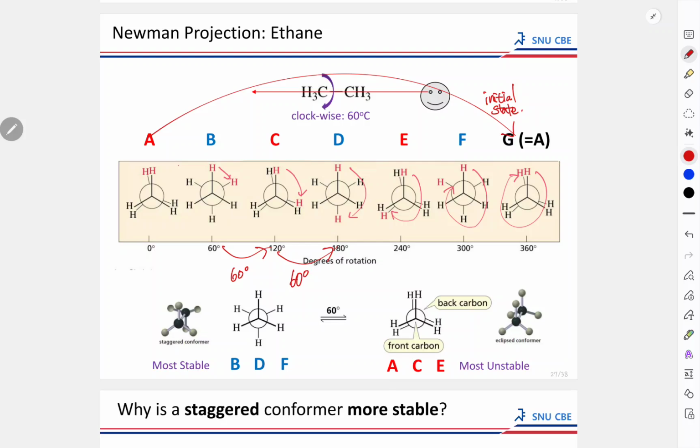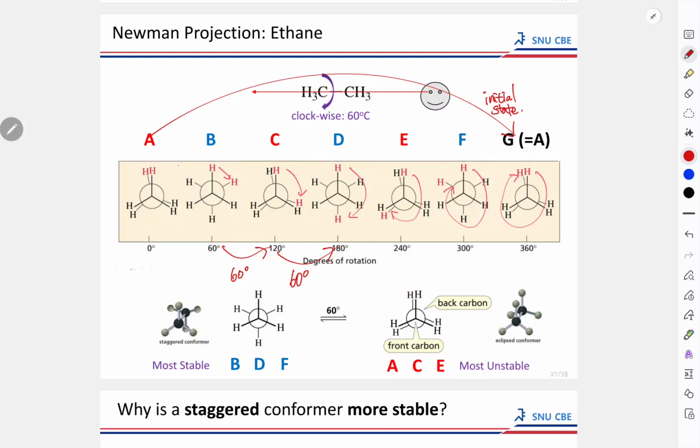From this, you can identify a pattern such that conformational states B, D, F are the staggered conformers, and they are identical. Whereas conformational states A, C, E are the most unstable, and these are identical as well. These arise every 60 degree rotation.